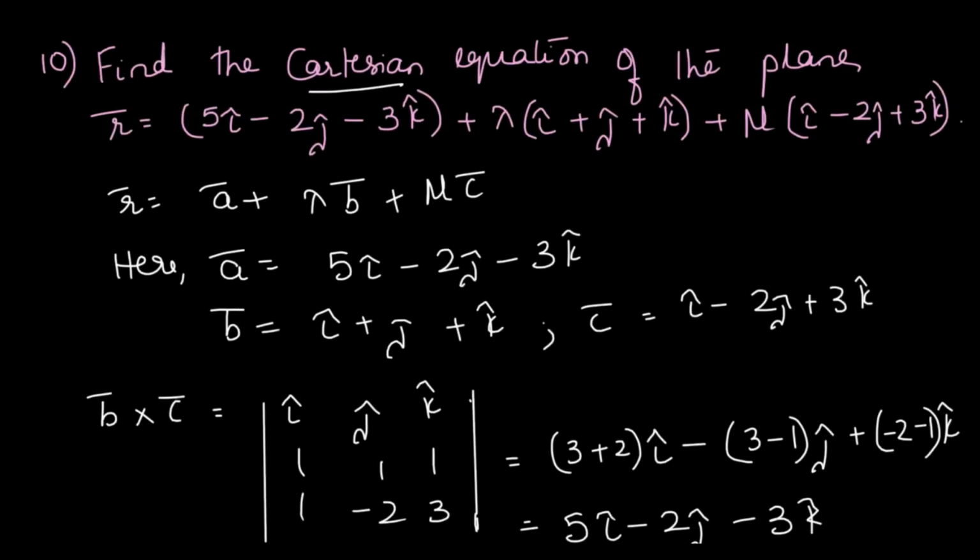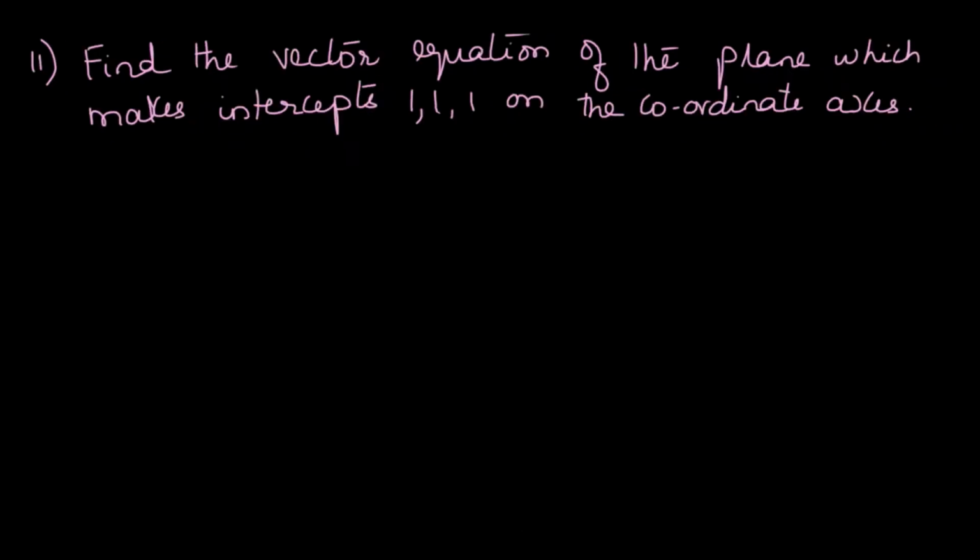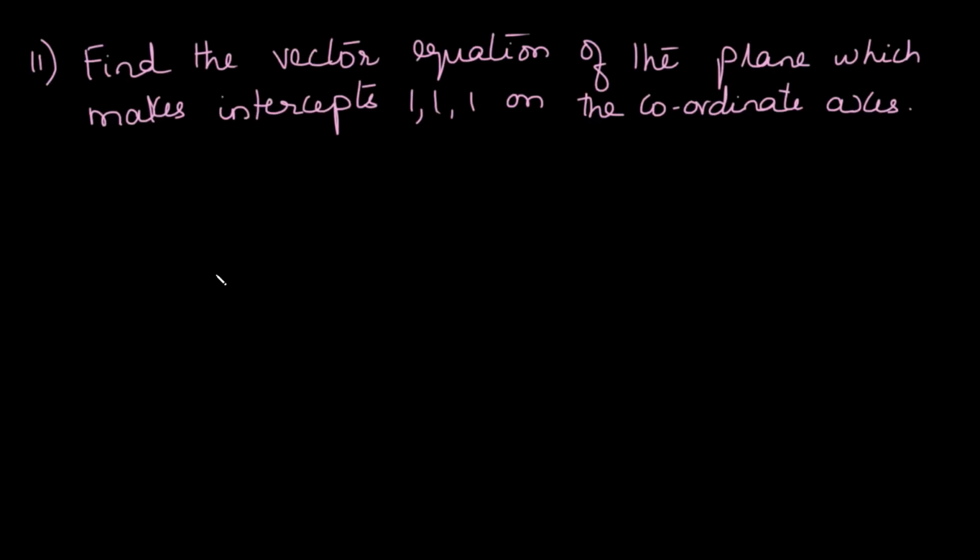That is question number 11 now for us. As you can see over here, the question is: find the vector equation of the plane which makes intercepts 1, 1, 1 on the coordinate axes. So understand the meaning of intercept. Intercepts with the coordinate axes means the points where the plane touches the x-axis, the y-axis and the z-axis.